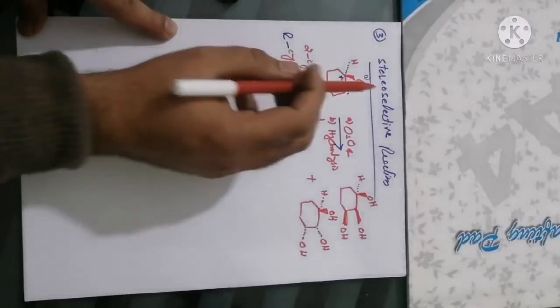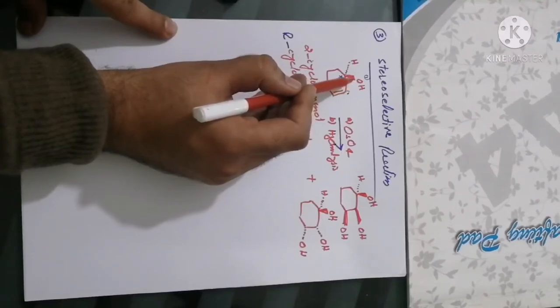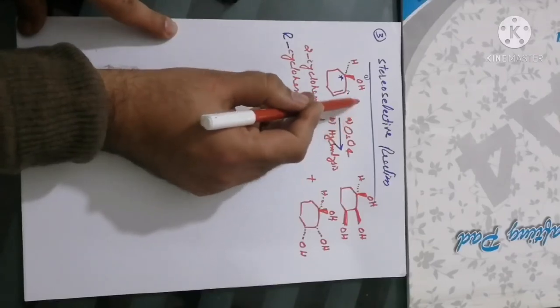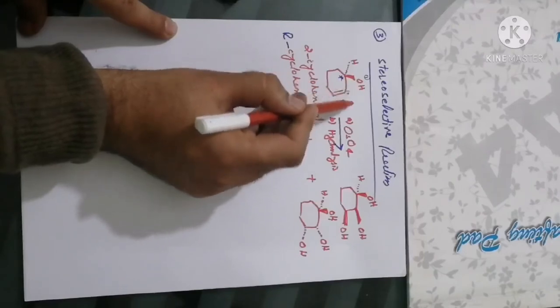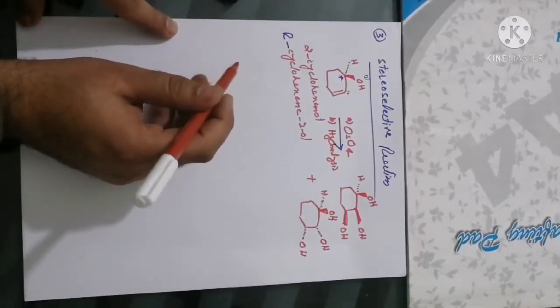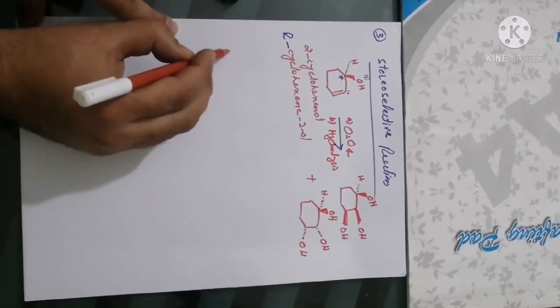So when there is a small polar group like hydroxy or amino, the attack of the electrophile will be such that it stabilizes the transition state. To understand the reason, let's first draw its transition state.